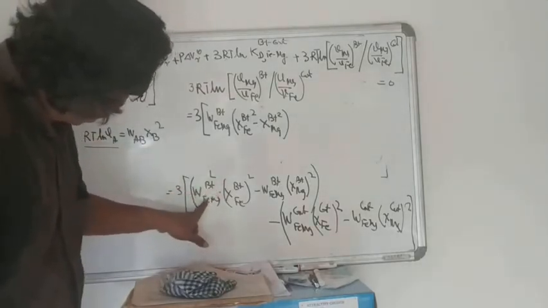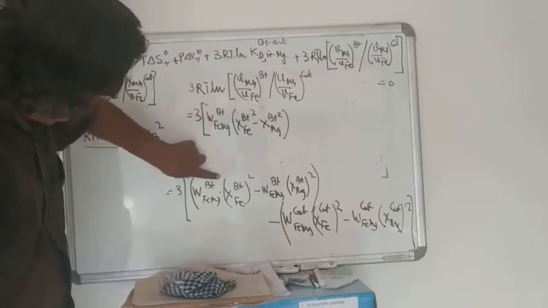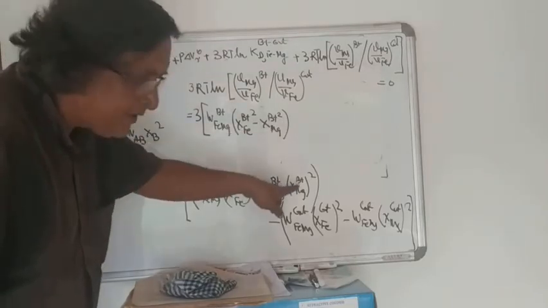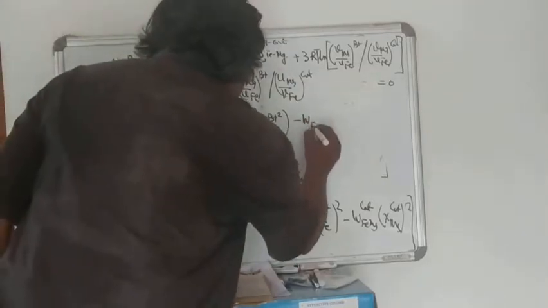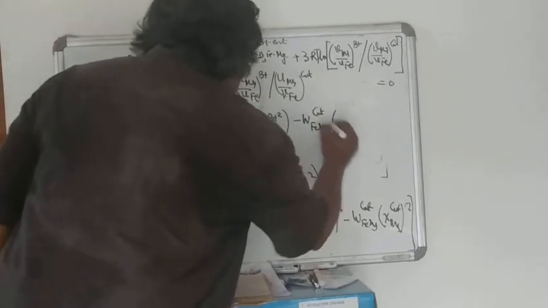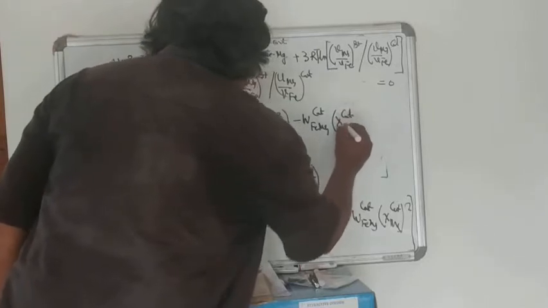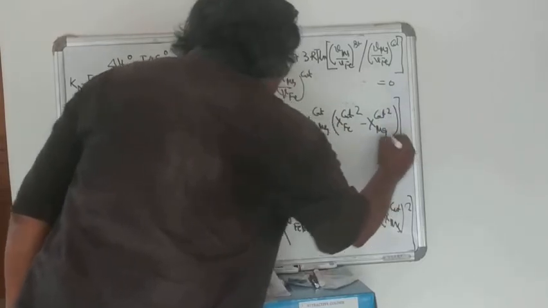Because if I take W_FeMg out, then it should be X_Fe biotite squared minus X_Mg biotite squared. And this one then would be W_FeMg garnet into X_Fe garnet squared minus X_Mg garnet squared. That's how it should be.